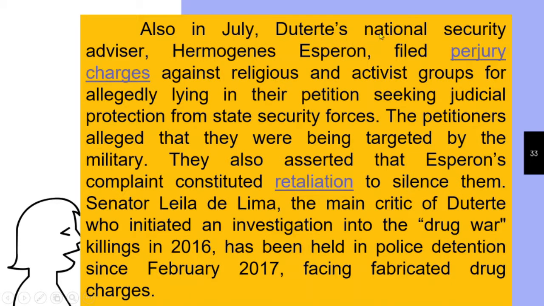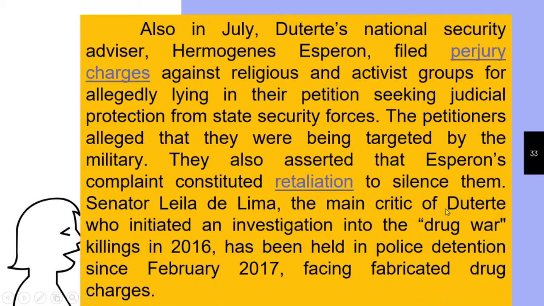Also in July, Duterte's National Security Advisor Hermogenes Esperon filed perjury charges against religious and activist groups for allegedly lying in their petition seeking judicial protection from state security forces. The petitioners alleged that they were being targeted by the military. They also asserted that Esperon's complaint constituted retaliation to silence them.